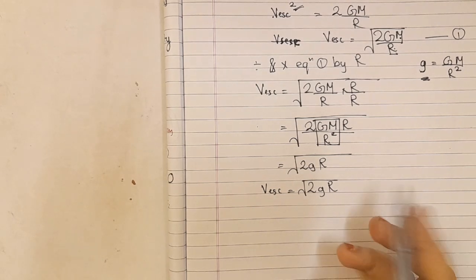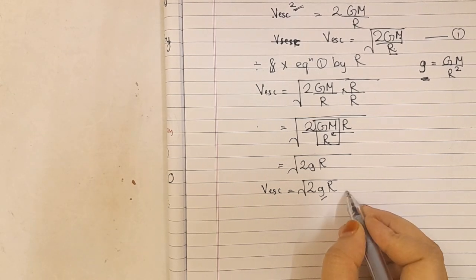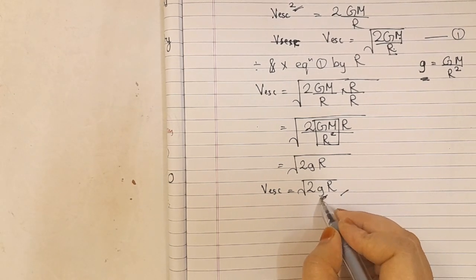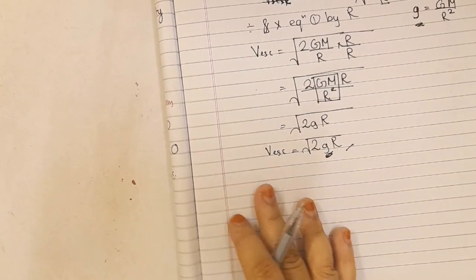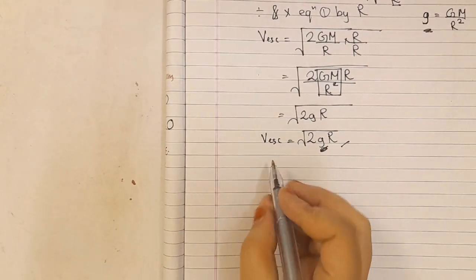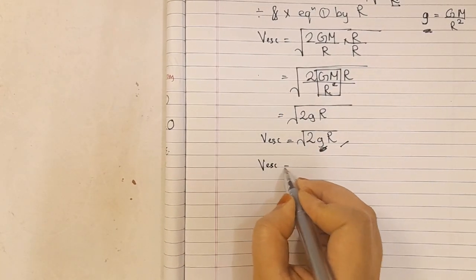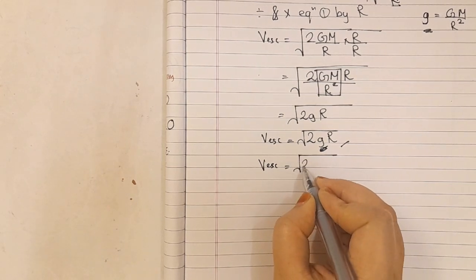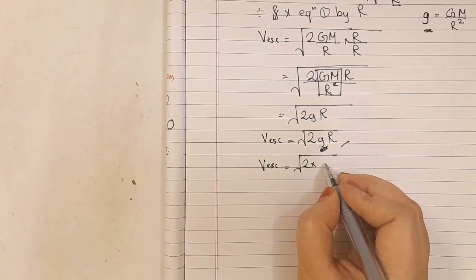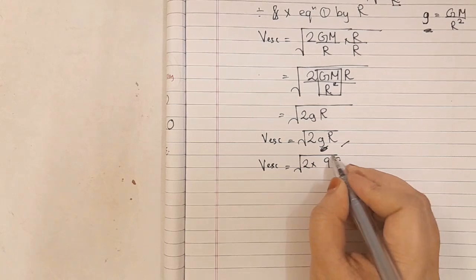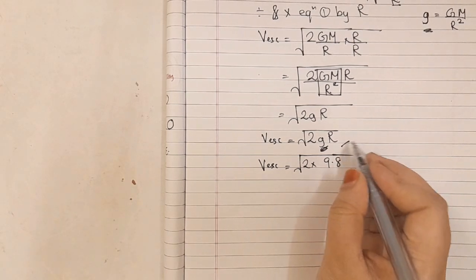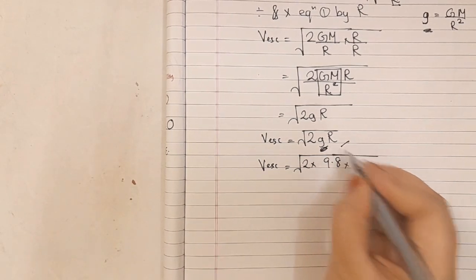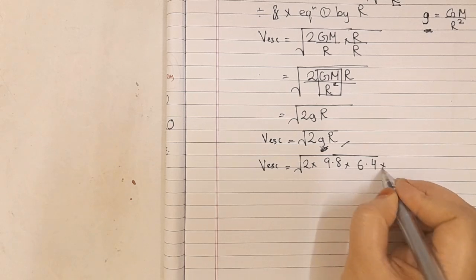And when we substitute the value of g, acceleration due to gravity, and the radius of the earth, we can calculate the exact value of escape velocity. V escape is equal to square root of 2 into 9.8 meter per second square, and the radius of the earth is 6.4 into 10 raised to 6.